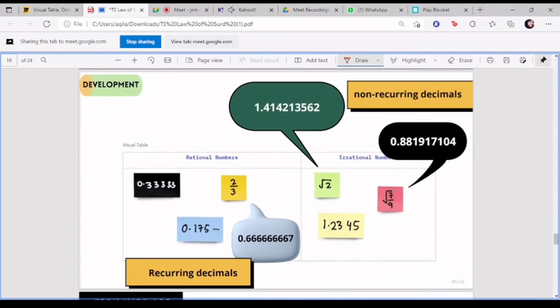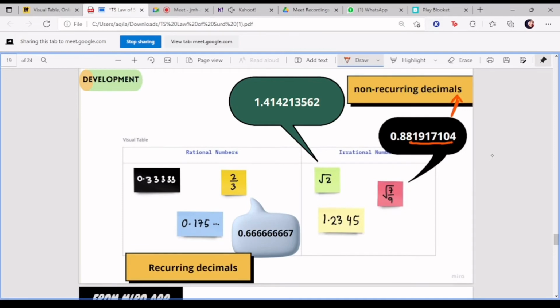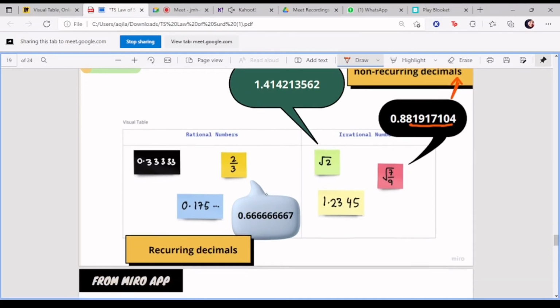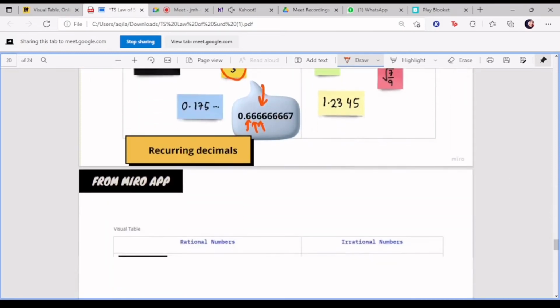If you solve 7/9 here, you will get 0.8819, right? So it is a non-recurring decimal because it is continuous and it does not have any ending. Okay, same goes for this one. It has a repeating digit, in which it can be converted into 2/3.